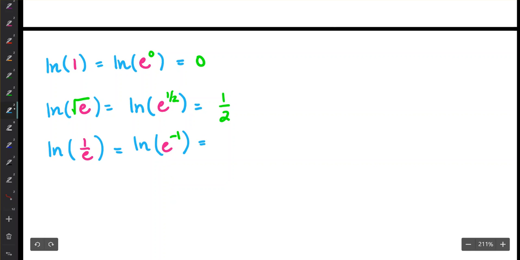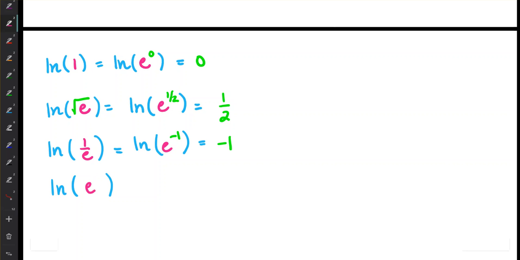All it has to do is spit out the exponent. Okay, so although it might look a little more challenging, I think this is actually easier than some of the stuff that we've done, because we're always going to be giving you a perfect power of e here.